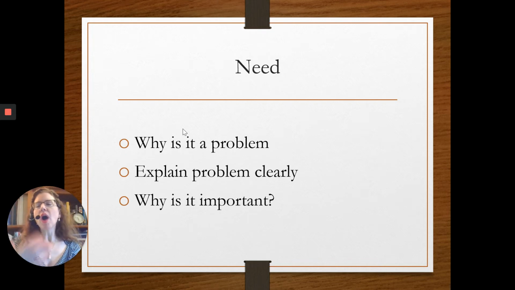Need. Why is what you are telling them you would like them to do a problem? Why does this have to happen? You're explaining that issue clearly, and most importantly, you're telling your audience, you're showing your audience why this is important.